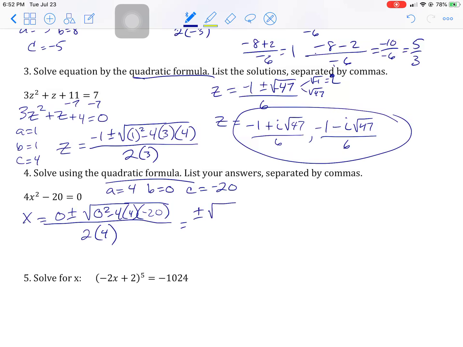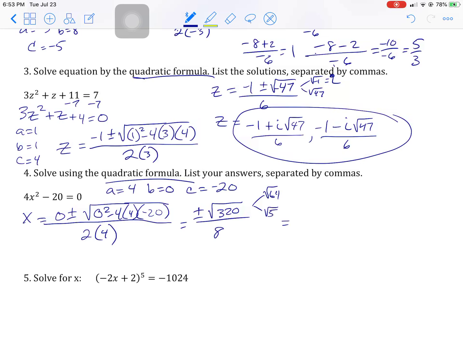So this plus and minus goes with the radical sign, not the 0. So this is going to be -4 times 4 is 16 times a -20, comes out to a double negative's a positive, so 320 over 8. 320 has a 64 and a 5.